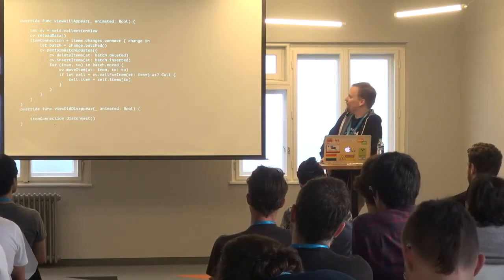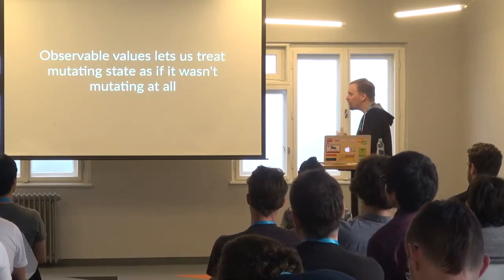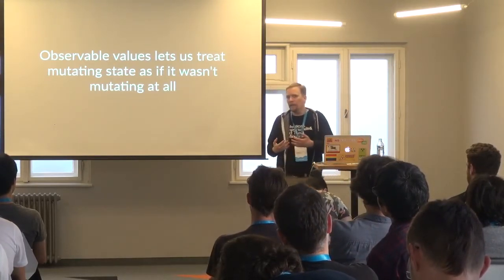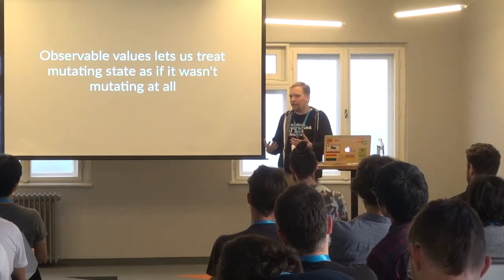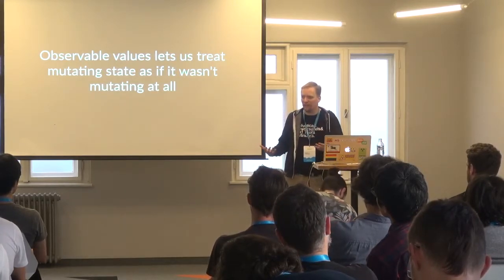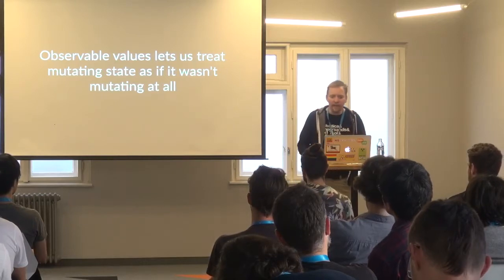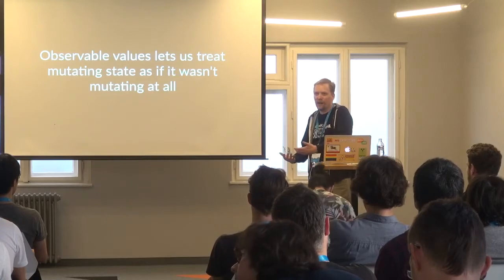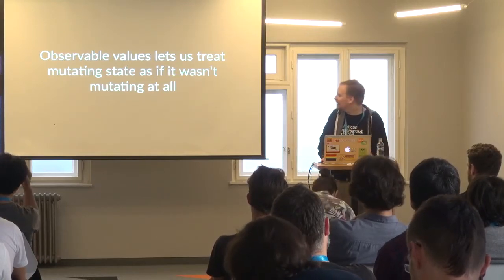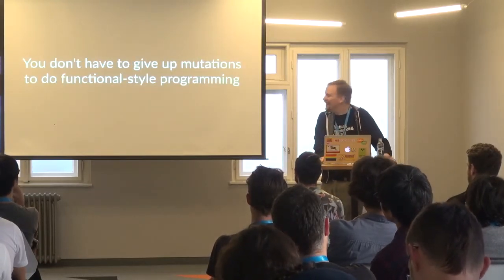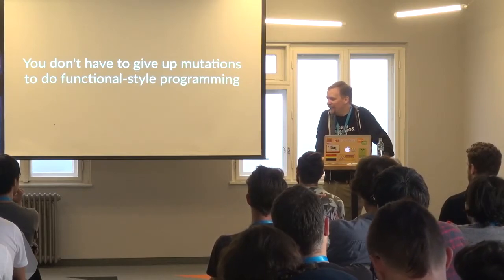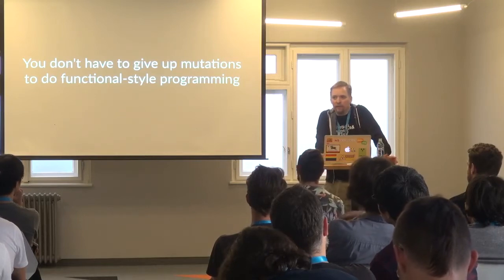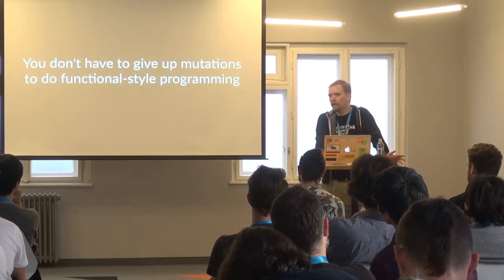Really simple. So the lesson here is that these kinds of observable values really let us treat mutable state as if it wasn't mutating at all. Functional programming is rich enough to encompass mutation as well without breaking. And this is really neat, I think. You can do functional style programming without giving up on mutation, because everything we did was based on mutating values.